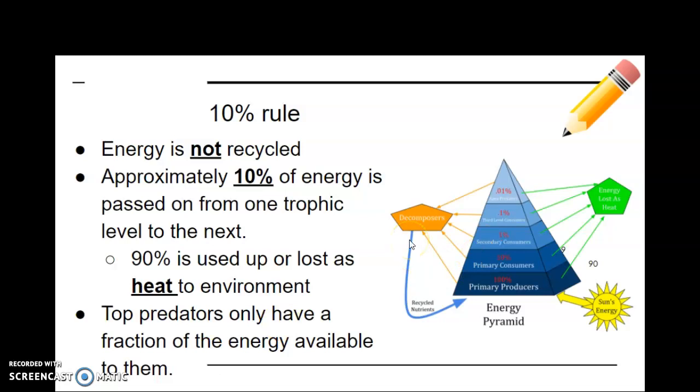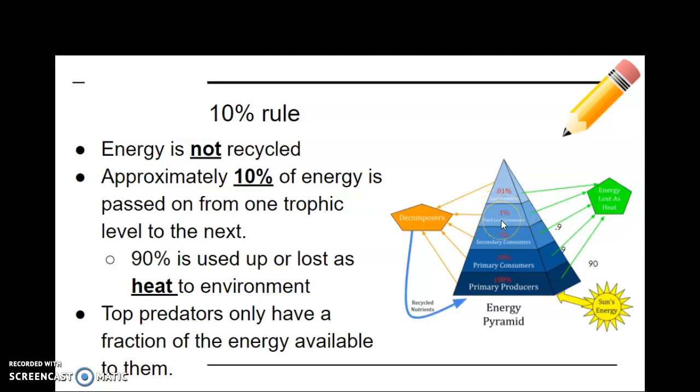And then the secondary consumers use up most of that energy. So 90% of that remaining 1%, or 0.9%, gets lost as heat to the environment, leaving only 0.1%, a tenth of a percent, left for tertiary consumers.